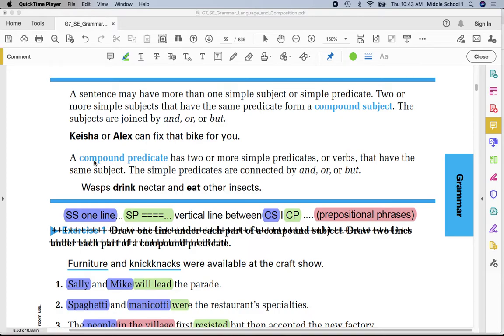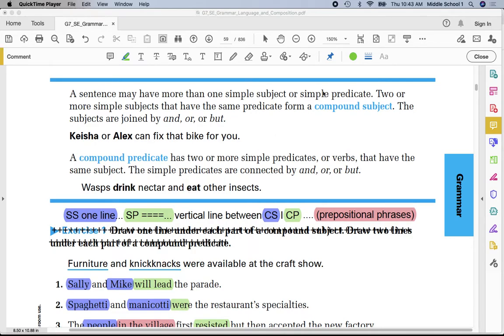Likewise, a compound predicate has two or more simple predicates, which we call verbs, that have the same subject. The simple predicates are connected by and, or, but. Wasps, what do they do? Wasps drink, and they eat. Drink, eat.